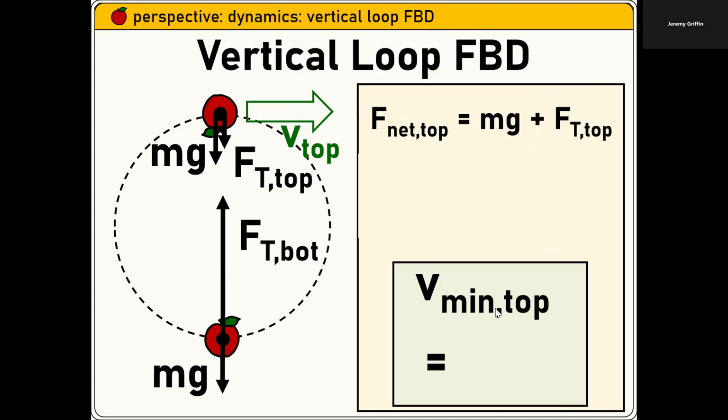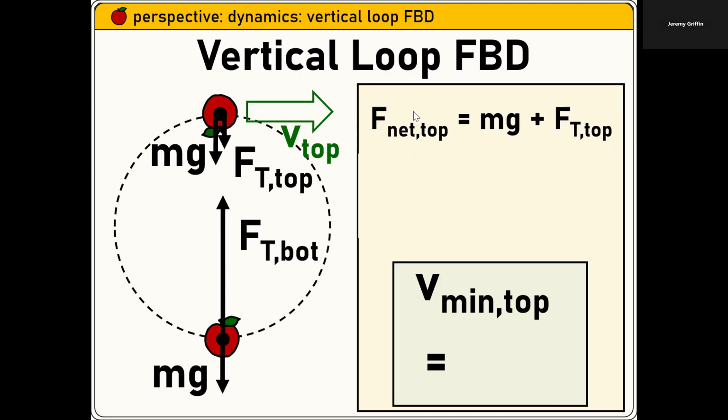If it's v minimum at the top, what simplification can you make to this equation? Which of these three terms goes to zero? The tension at the top. If I check that cup of water, go a little slower, a little slower, the tension gets smaller until it just goes to zero.